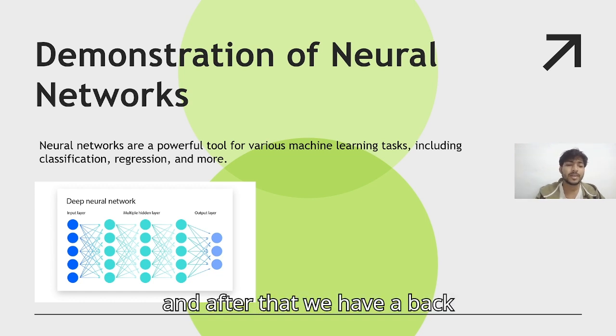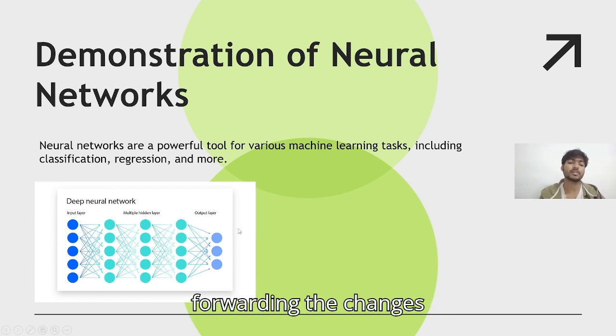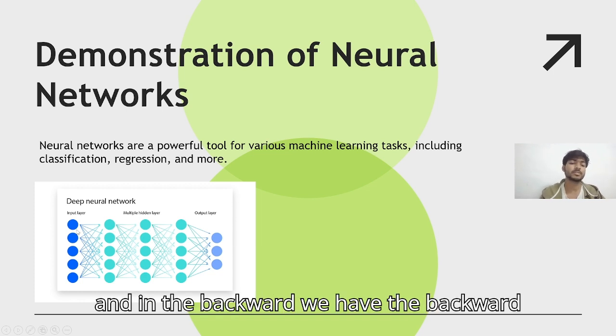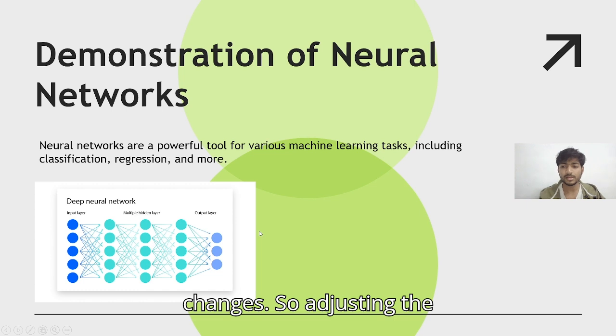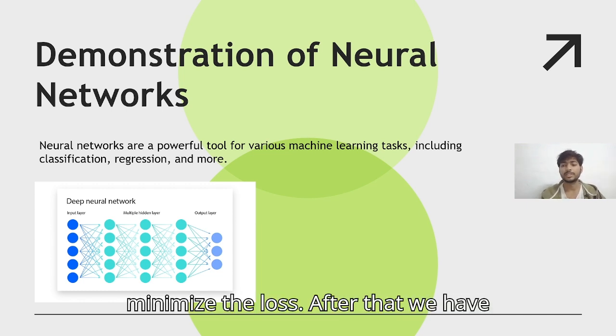After that we have back propagation, where the errors are propagated backward through the network. In the forward pass we have the forward calculations, and in the backward pass we have the backward changes, adjusting the weights and biases for each layer to minimize the loss.